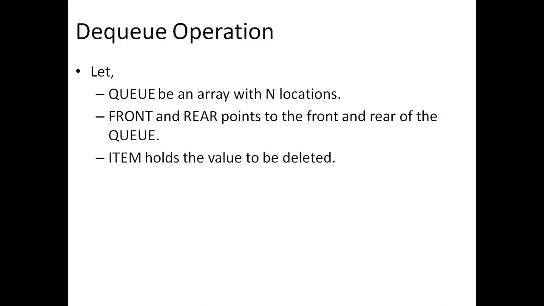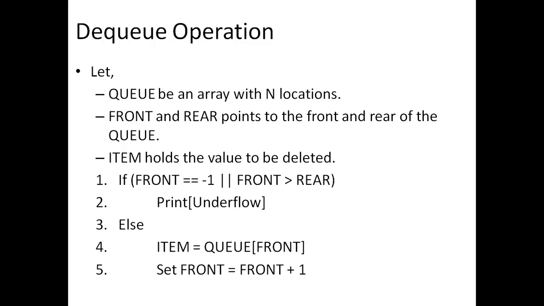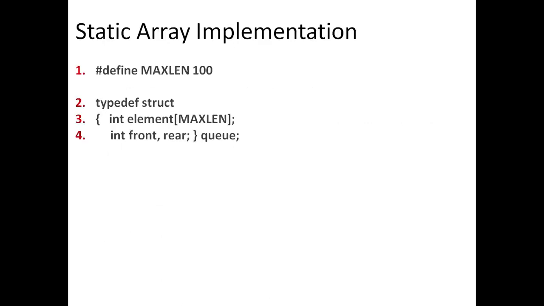Similarly, when we talk about the dequeue operation, the only pointer to be updated is the front pointer. A dequeue operation can only be executed if the queue is not underflowing. Here at line 1, we are checking the underflow condition, and in the else part, we are storing the element to be dequeued in a variable, and then we are increasing the value of front by 1.